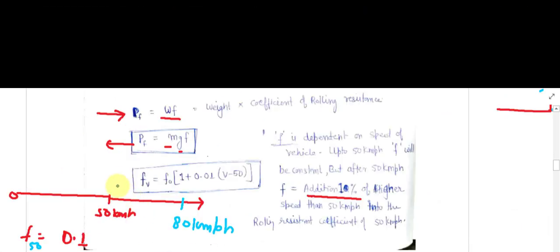So this formula is given in this form. This is for any velocity up to 50 kmph, and this is for 80 kmph.